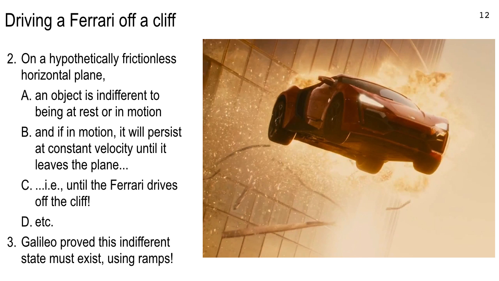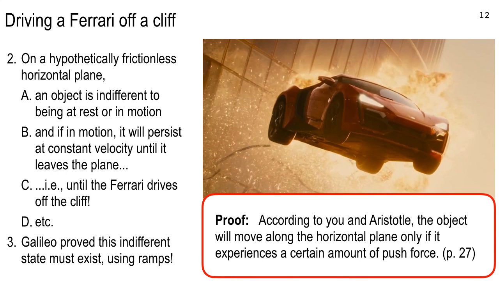So Galileo proved that this indifferent state must exist, and he used ramps to prove it. And so we'll start the proof here on this page. So here's the premise.